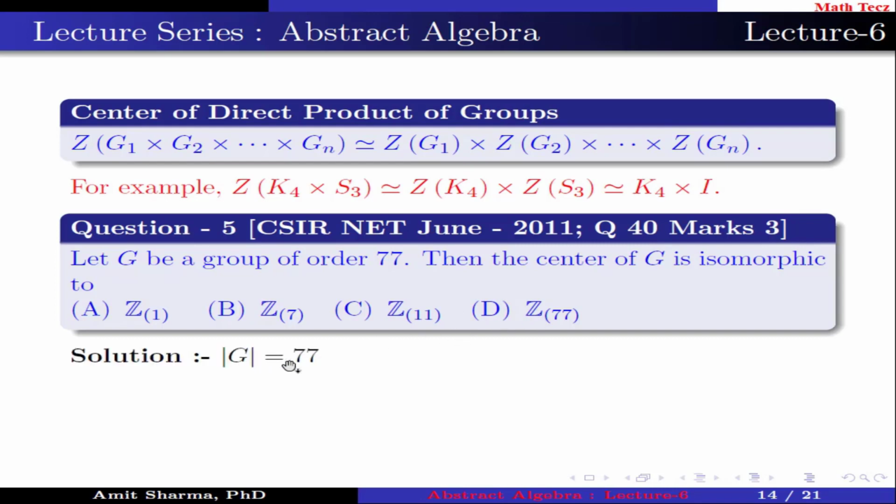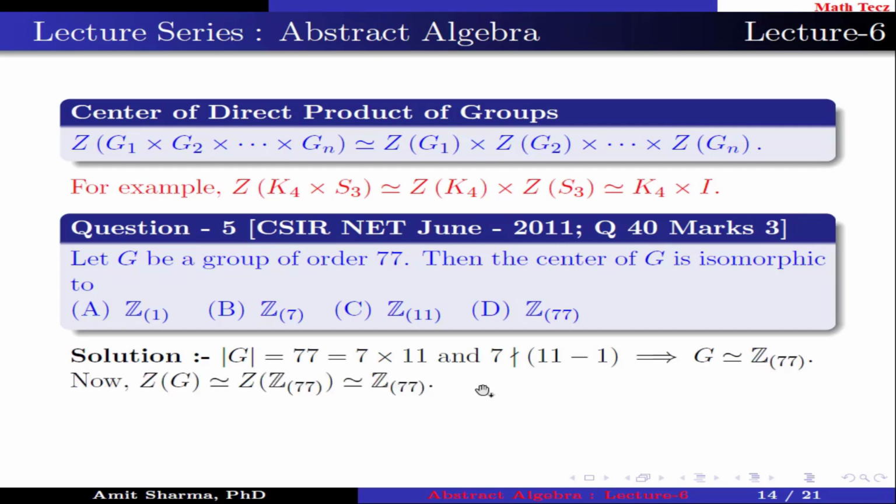The order of G is 77, which can be written as 7 times 11, and 7 does not divide 11 minus 1, which implies G is isomorphic to Z77. Now the center of G is isomorphic to the center of Z77, which is isomorphic to Z77. Hence option D is right.